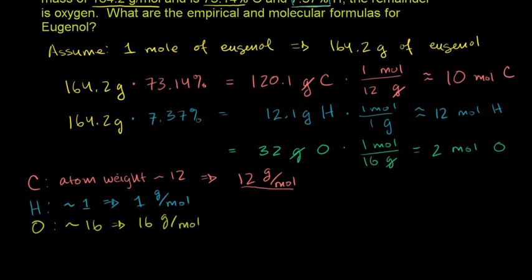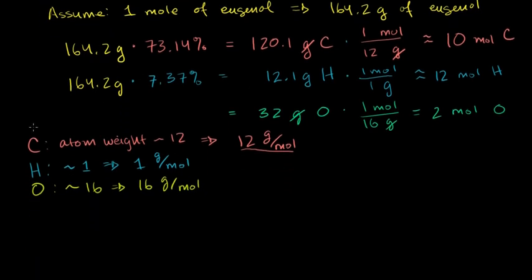So we now have the ratio. Or you could even think of, if you had 1 molecule of eugenol, we would have 10 carbons, 12 hydrogens, and 2 oxygens. And we're done. This is the molecular formula.